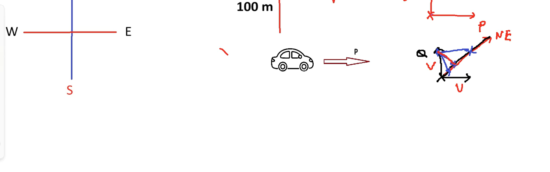Whenever I consider a point and a line, between these two, the minimum distance is nothing but this perpendicular distance. All the remaining distances are more than this one.